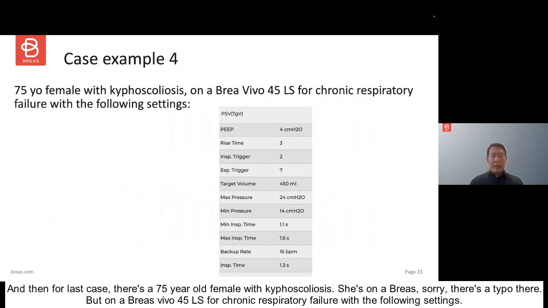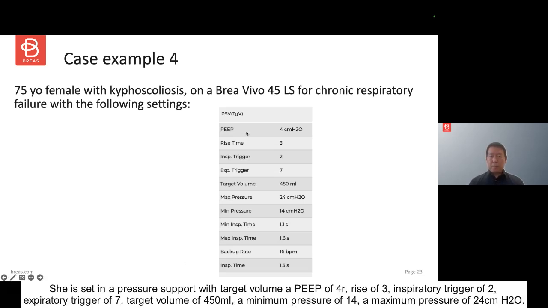And then for a last case, there's this 75-year-old female with kyphoscoliosis. She's on a Breas Vivo 45 LS for chronic respiratory failure with the following settings.